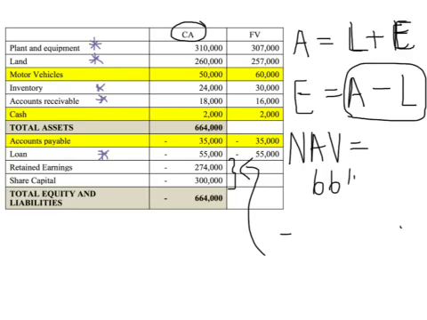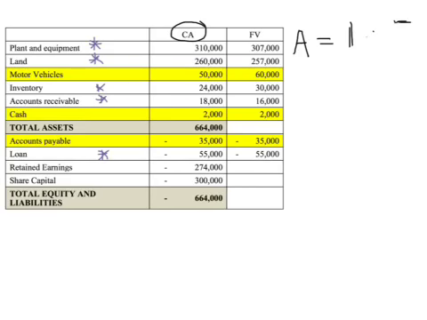So let's just get rid of all of these and then calculate the net asset value at fair value. So if we looked at what assets are being acquired, first of all, our plant and equipment. So the fair value of our plant and equipment is $307,000.